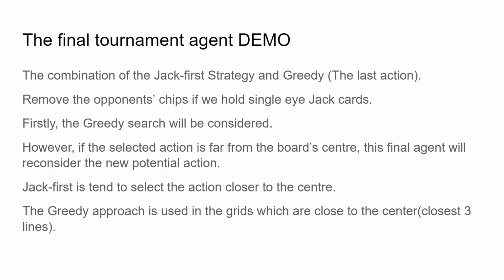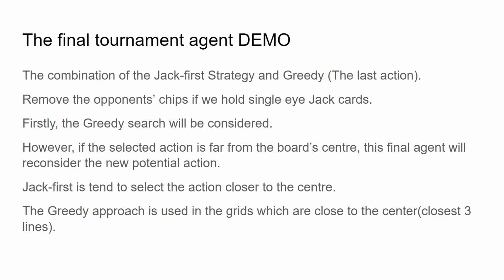In our final tournament agent, we will select the action with the shortest distance between each current possible action and each previous existing action, which means the coordinates of chips. Also, it is based on the closest path to the central grid.